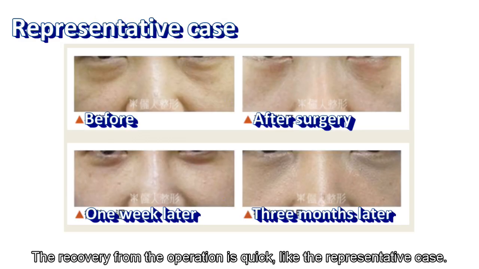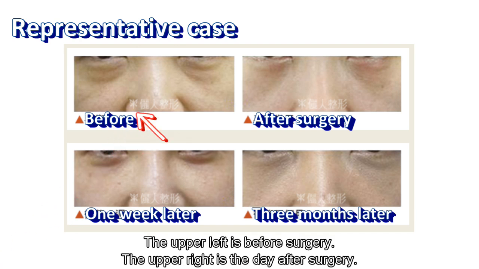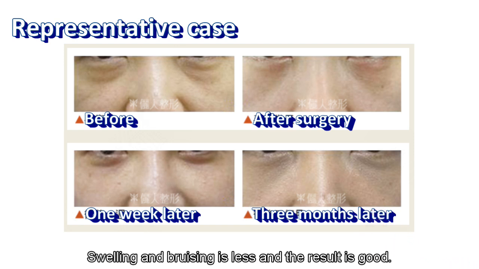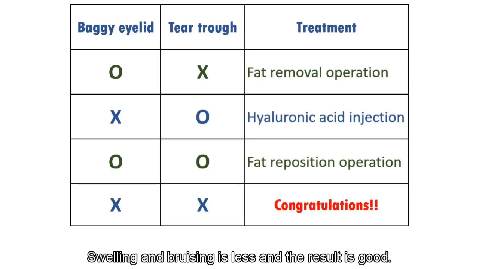The recovery from the operation is quick, like this representative case. The upper left is before surgery, the upper right is the day after surgery. The lower left is 1 week later, the lower right is 3 months later. Swelling and bruising were slight and the result was good.